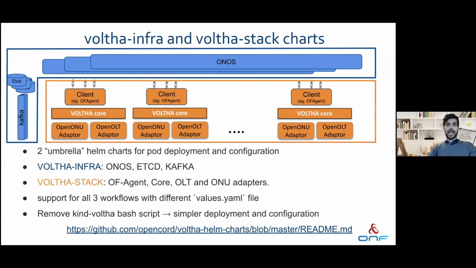Instead, if you do it via Helm, it's just deploying Helm charts, and the configuration, you can do it in multiple ways. We have decided to mostly use Kubernetes config maps for configuration. So we have created this VOLTHA infra chart and this VOLTHA stack chart that support all three workflows, so AT&T, Turk Telecom, and Deutsche Telekom, and that support is done via different values.yaml files.